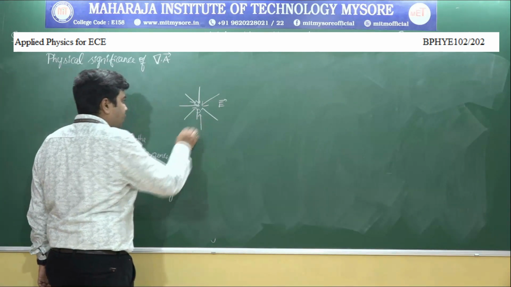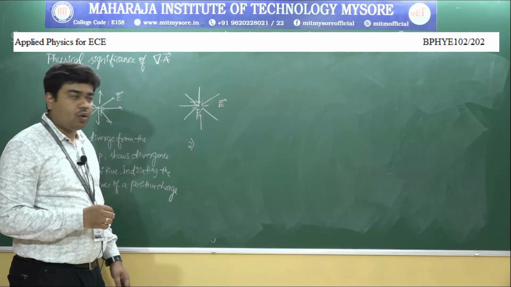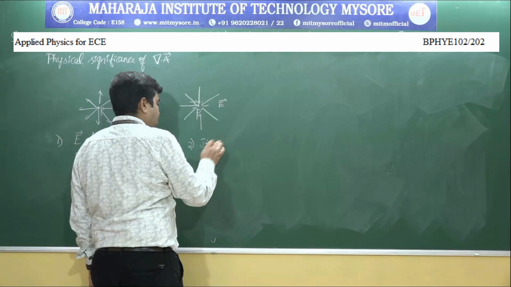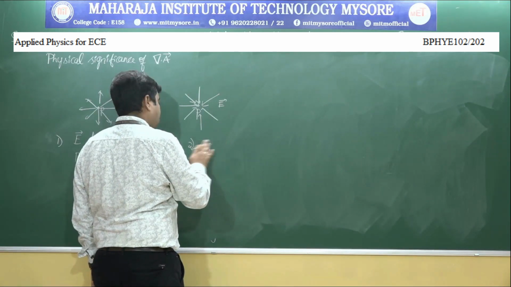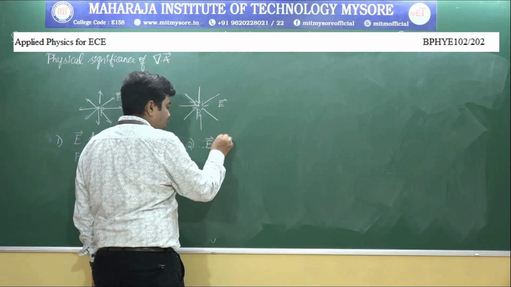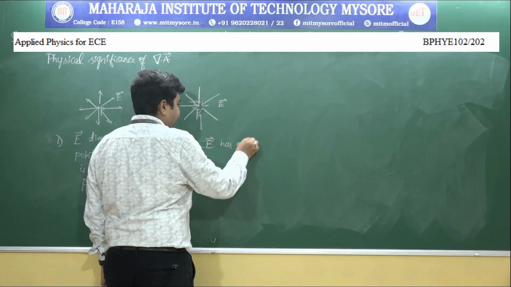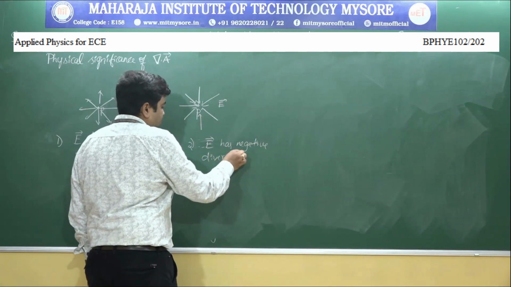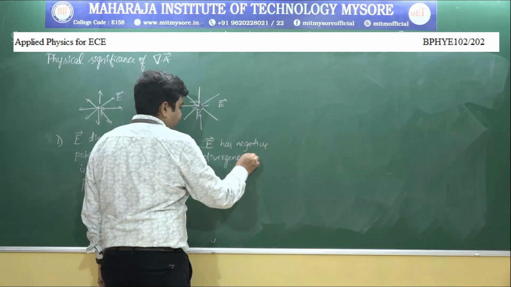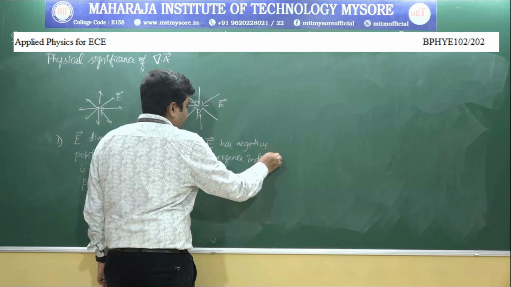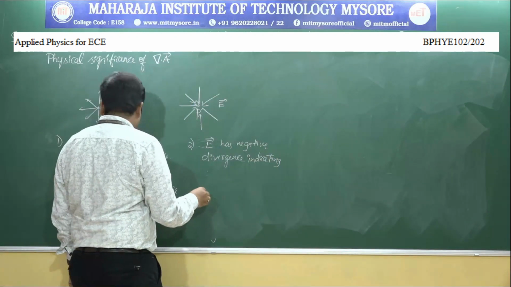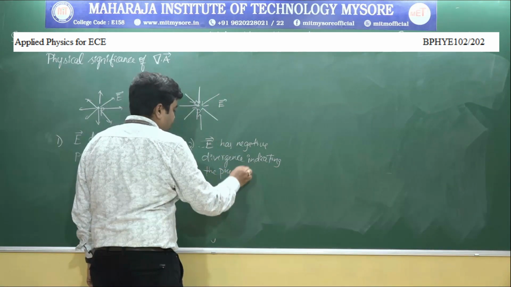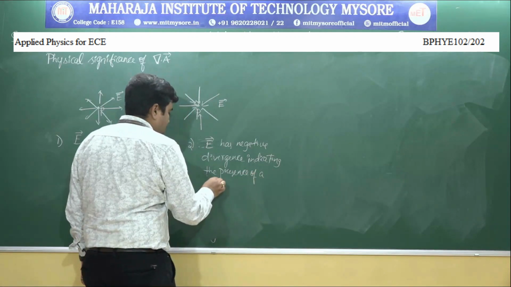Now in this case, the electric lines of force are converging towards the point P, or we can say the electric field E has negative divergence, indicating the presence of a negative charge.